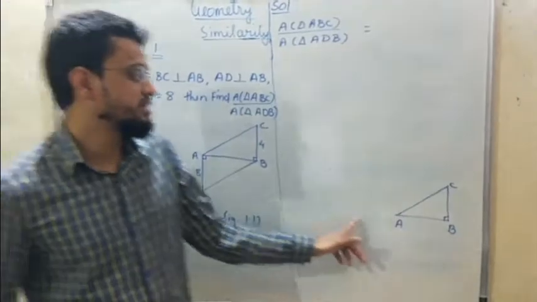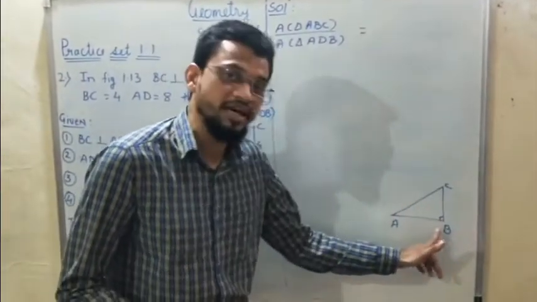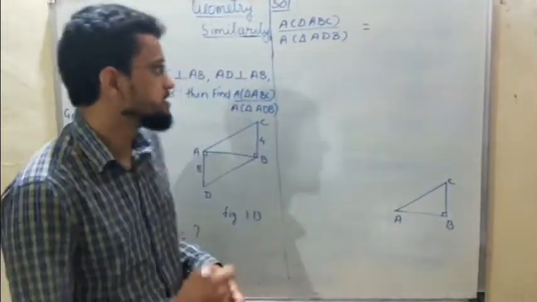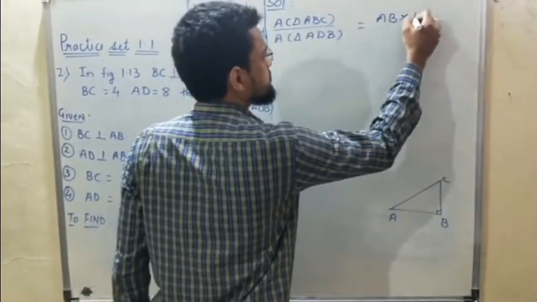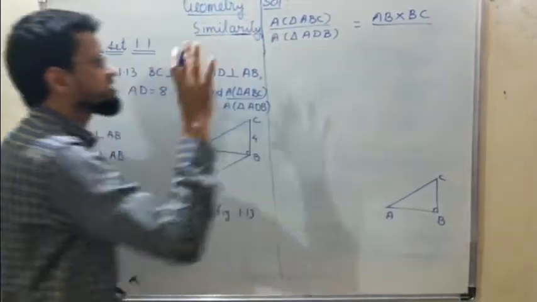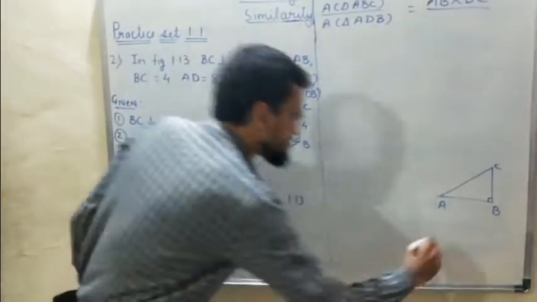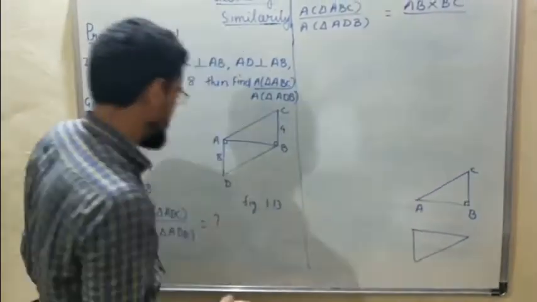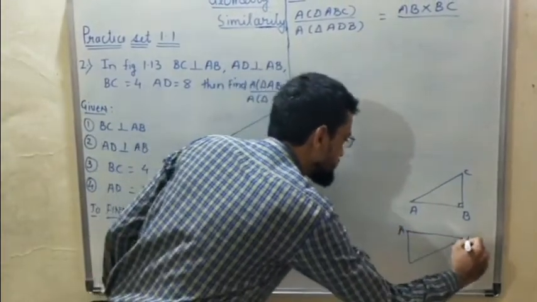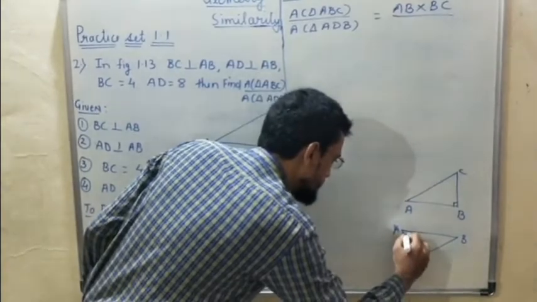Now for this triangle ABC, the base will be AB and height will be BC. So AB multiplied by BC divided by. For triangle ADB, let us draw it separately. This is A, this is B, and this is D. Here it is 90 degrees.